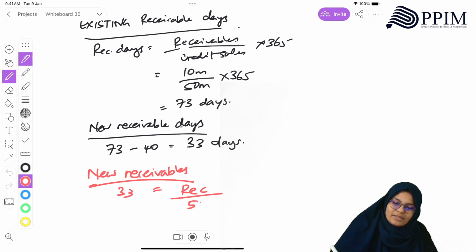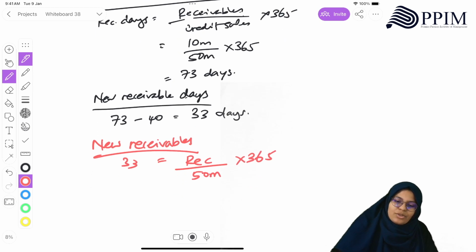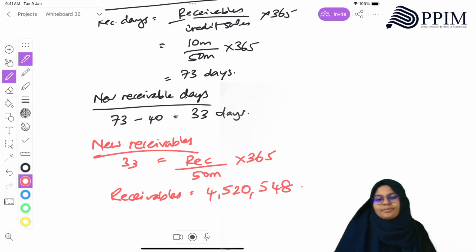Divided by sales is 50 into 365. So new receivables will be 4,520,548. Okay.